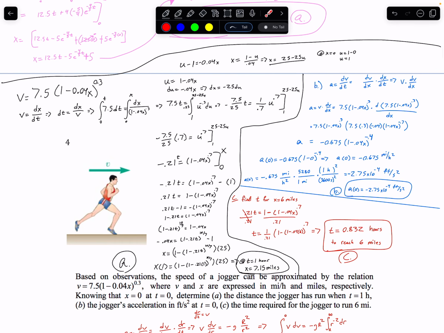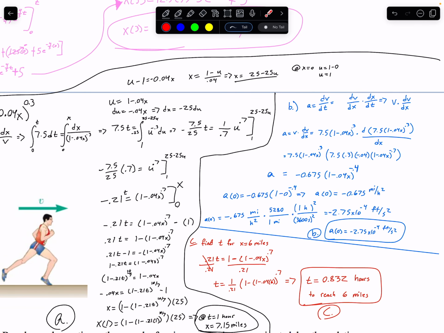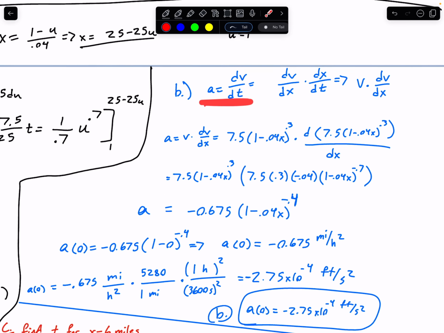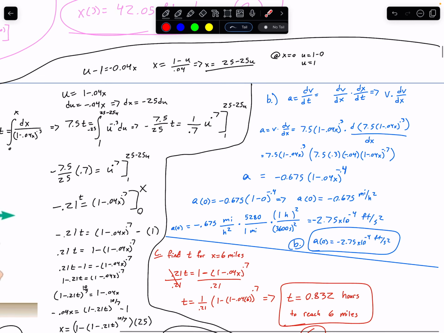And for part B, we're looking for jogger's acceleration. At some point, we're going to have to do conversion again to get to feet per second. You can see that here, point that out later. But we know that acceleration is equal to the derivative of the velocity equation. But we also have x in there as well in the equation.